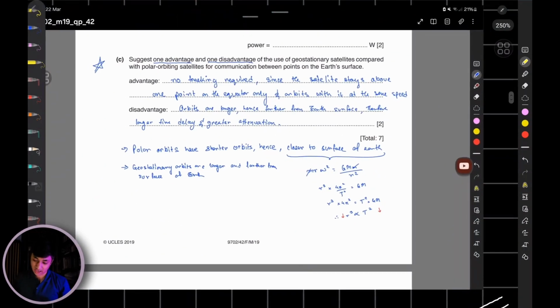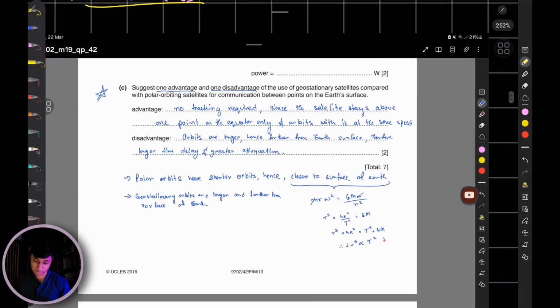So if we try a question over here: suggest one advantage and one disadvantage of the use of geostationary satellites compared with polar orbiting satellites for communication between points on Earth's surface. So the advantage of using a geostationary satellite is, as mentioned, no tracking is required, since the satellite stays directly above one point on the equator and it orbits with the same angular frequency as Earth.